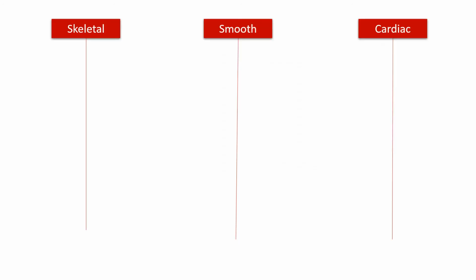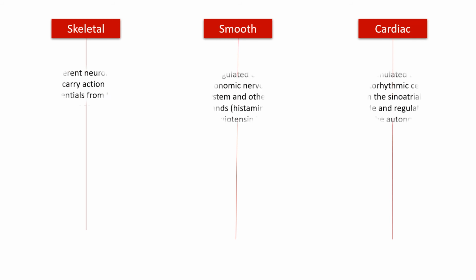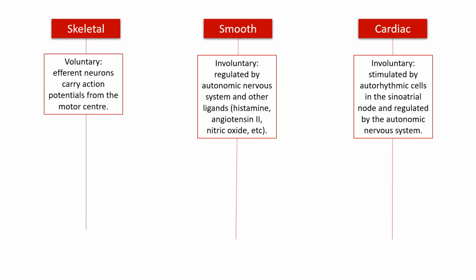So let's do a bit of a comparison. So here we've got skeletal, smooth, and cardiac. Okay, the first way we can differentiate them is whether they're voluntary or involuntary. Voluntary, of course, means that we are controlling it.